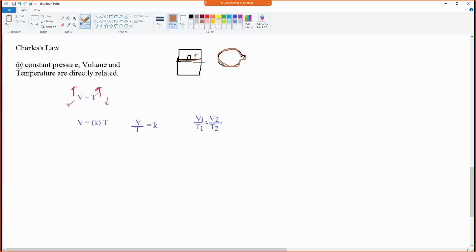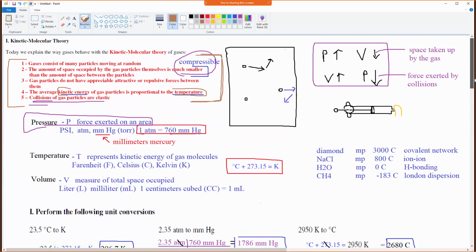How do you explain this using the kinetic molecular theory, using the concepts we've discussed so far? Zach, great, you've got a great start to this. Yes. As the temperature goes up or down, as we saw with Gay-Lussac's law, the kinetic energy will go up or down. So temperature goes up, kinetic energy goes up.